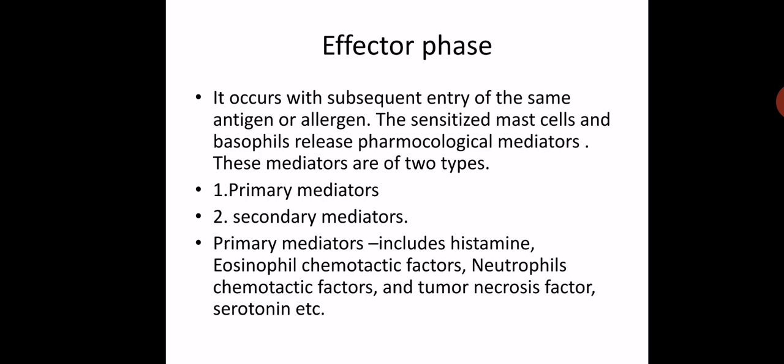The effector phase occurs upon subsequent entry of the same antigen or allergen. So when the same antigen comes in contact with the person for the second time, then we observe the effector phase. The sensitized mast cell and basophil release mediators, and these mediators are of two types, primary and secondary.